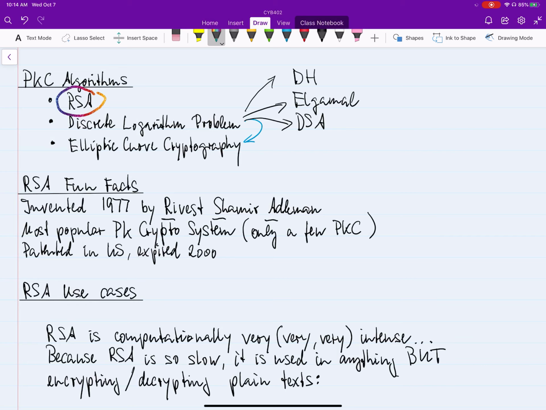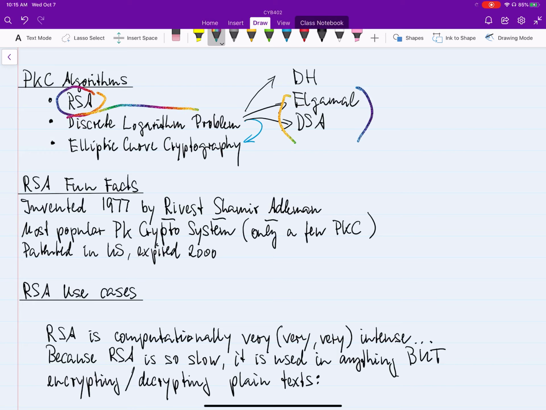So RSA is one of the most prominent public key crypto systems, but there are others as well that we are all going to cover, except these two here, and I'll comment on that in a second.